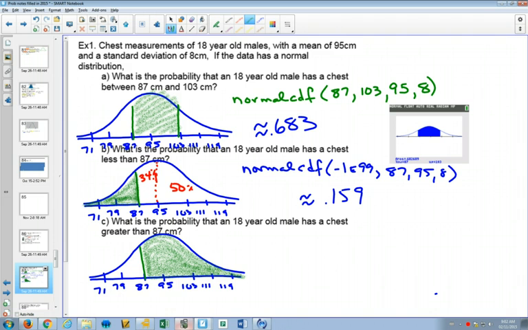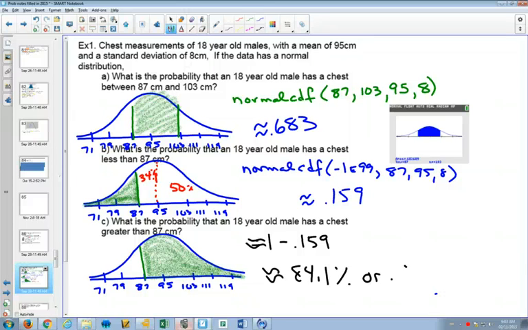Right, we have the probability below 87 was 15.9%. So we could just do, since we know the whole area is 100% or 1, minus the 0.159. I'm using an approximation, so I should go with my approximation sign there already. And I will get 84.1% or 0.841.